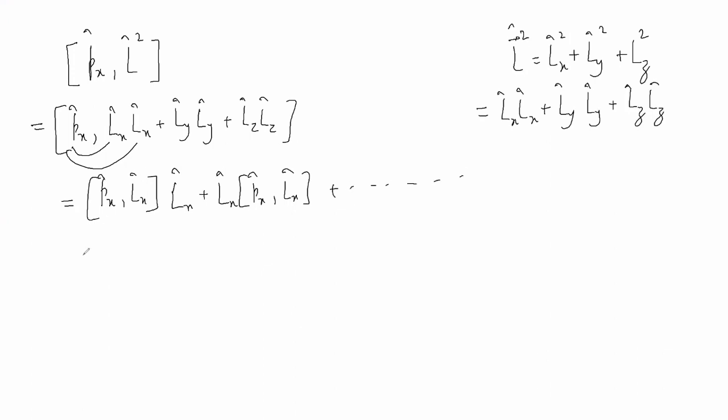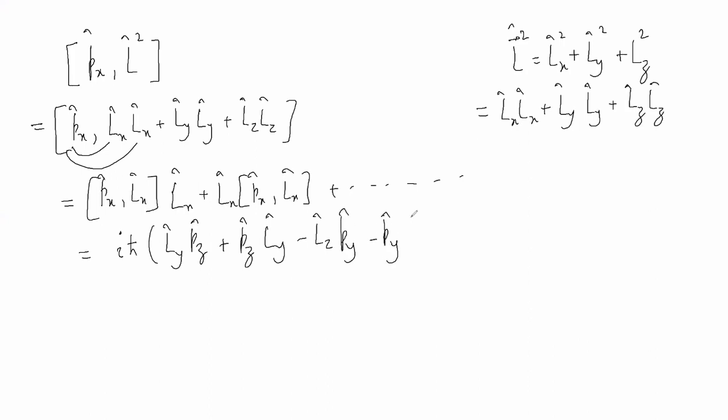Now, when you will solve it using the previous results, you can write it as iħ cross LyPz plus PzLy minus LzPy minus PyLz. This will be PxL square.